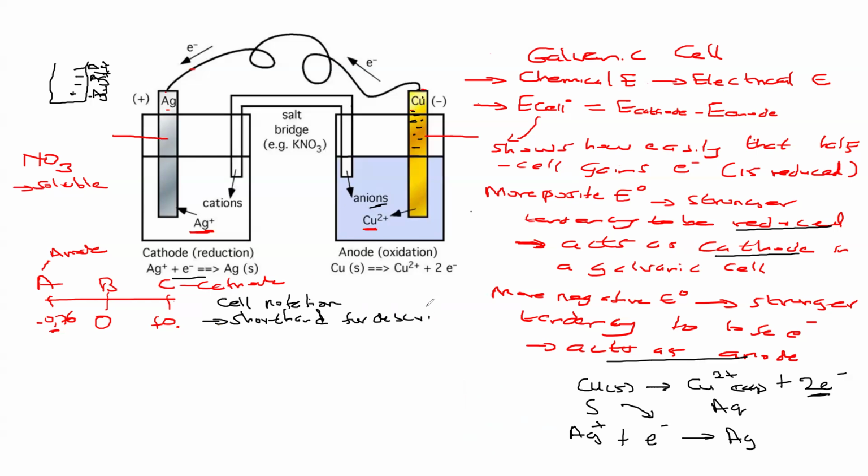for describing a galvanic cell. So cell notation is we're basically writing this, describing how we are seeing this.